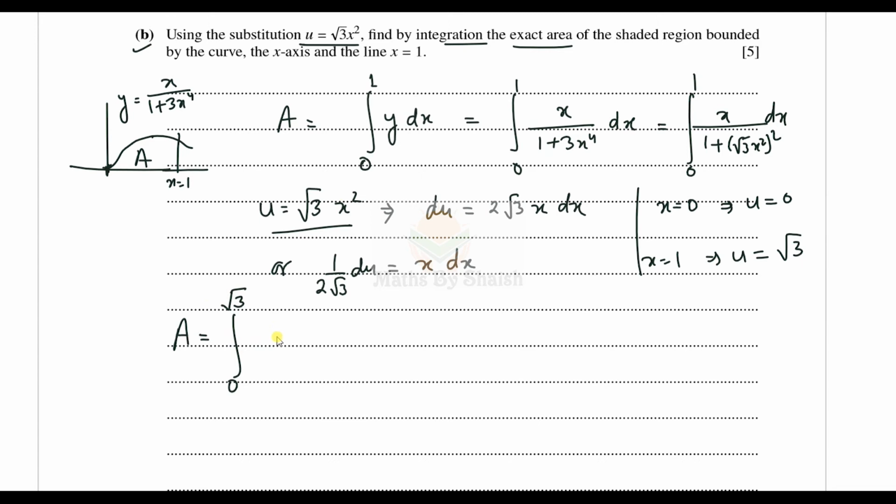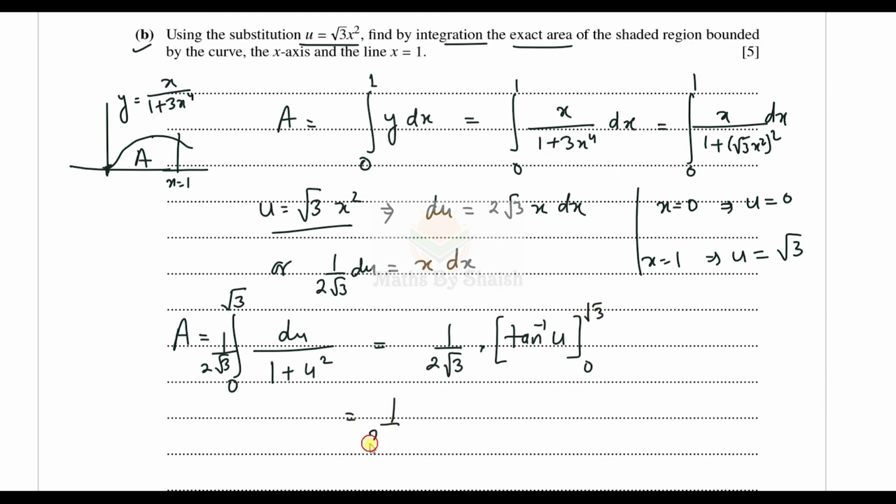and 1 over 2 root 3 will come out, x dx I have written as 1 over 2 root 3 du, and the denominator becomes 1 plus u square. Now we can see it is 1 over 1 plus u square, the integration of which is tan inverse of u. It is going to be 1 over 2 root 3 times tan inverse of u, with the limit from 0 to root 3.